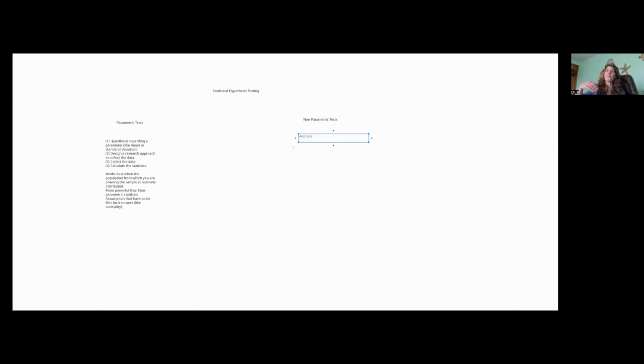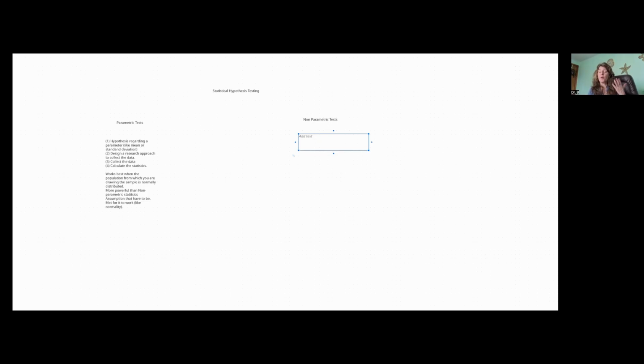But the other place that you would use a non-parametric statistic is when the assumptions for a parametric statistic are not met.